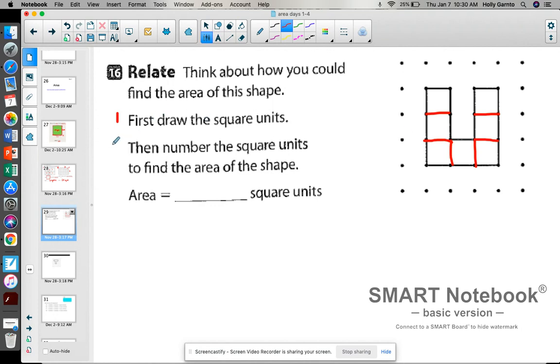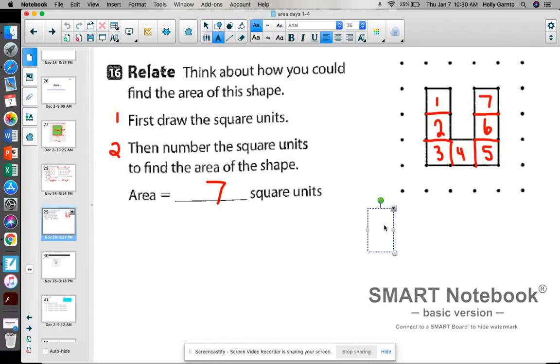Okay, now 2, it says then number the squares to find the area. So I have 1, 2, 3, 4, 5, 6, 7. So there's 7 square units in this irregular shape.